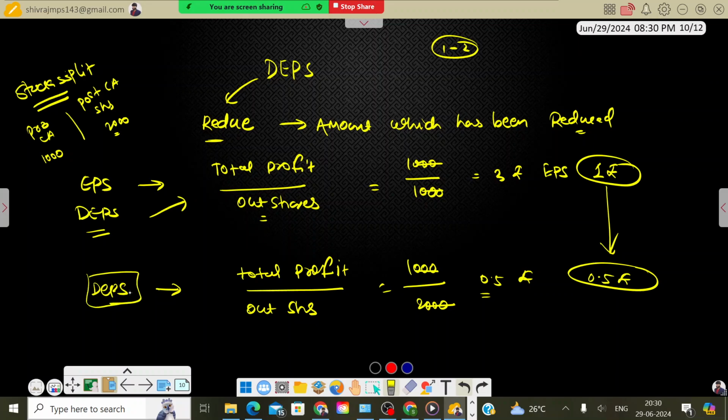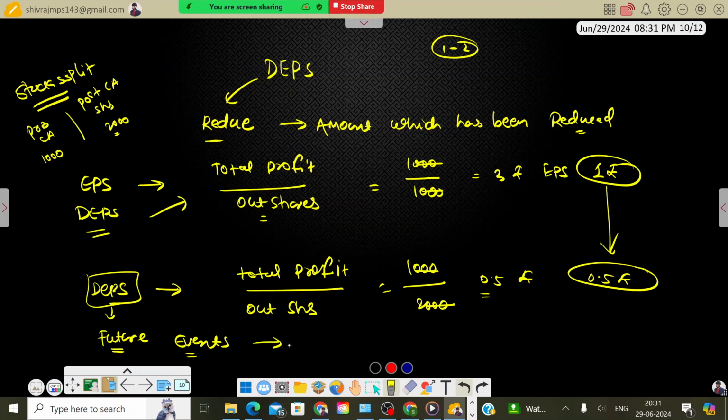So to understand why DPS is important, DPS always considers future events. So now if we see future events, just put in a logic. What are the events which directly affect the number of outstanding shares?